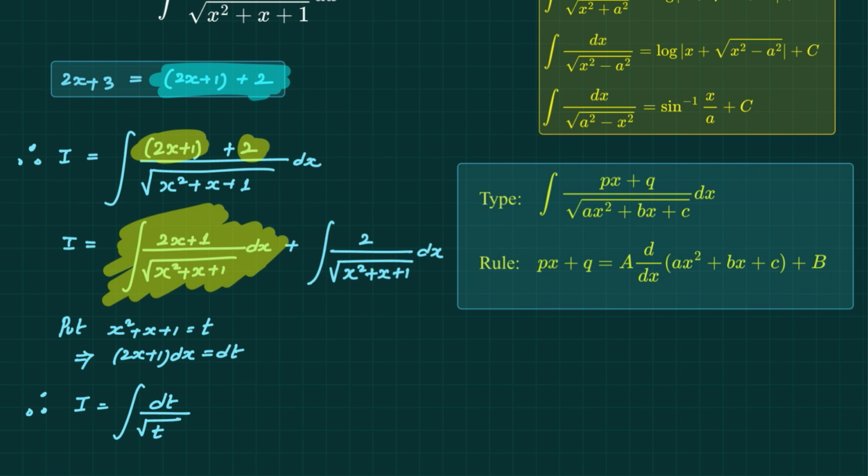And for the second part, for this part we have to make the denominator the sum or difference of perfect squares.